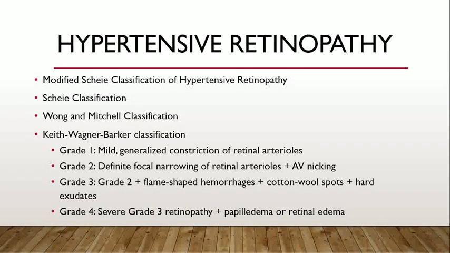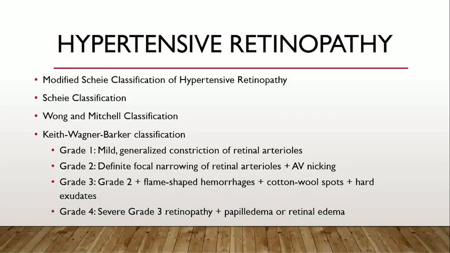And go into hypertensive retinopathy. There is a classification, grade 1, 2, 3, 4. Grade 4 is severe, grade 3 retinopathy with disc edema and retinal edema. Grade 3 is where you have lots of hard exudates along with grade 2 changes with flame-shaped hemorrhages.